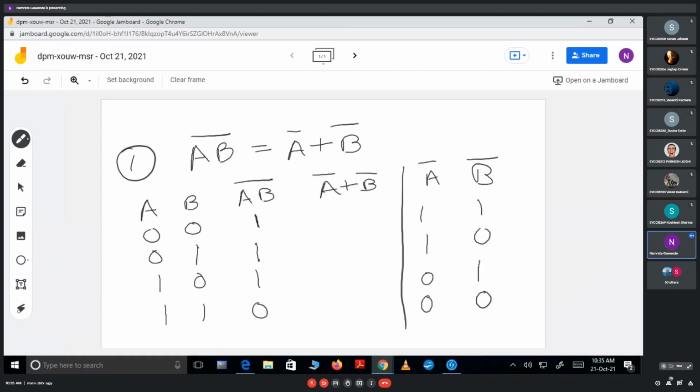Now for A bar plus B bar, addition of these two: 1 plus 1 is 1, 1 plus 0 is 1, 0 plus 1 is 1, and 0 plus 0 is 0. So this is the left hand side and this is the right hand side, and here you can see the answers of both are the same, LHS equals RHS. So De Morgan's law suggests that the complement of a product is equal to the sum of the complements. That is the first one.